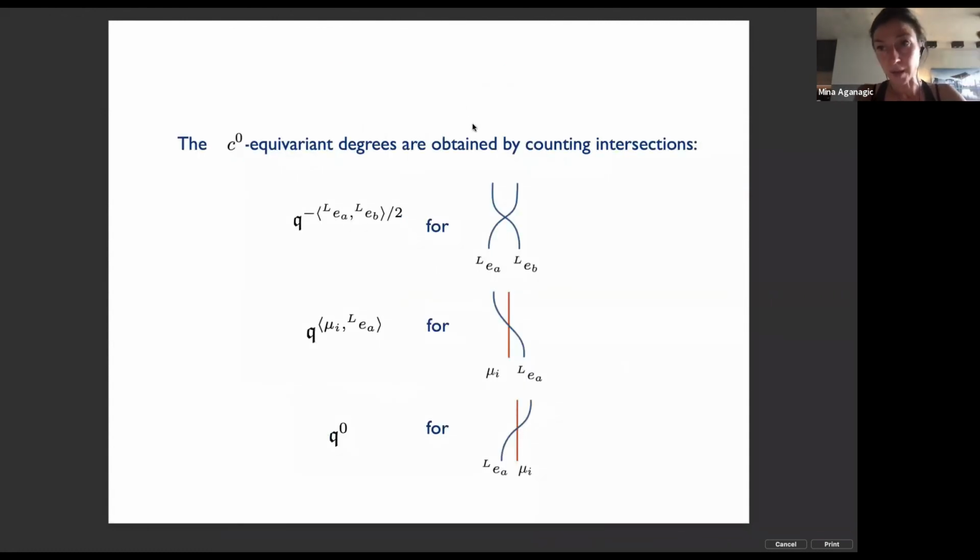The equivariant degrees are obtained simply by counting intersections. For every intersection of a pair of blue strings, you get effectively this kind of contribution. For intersection of red with the blue, you get this if they intersect right to left, and if left to right, you get just one.